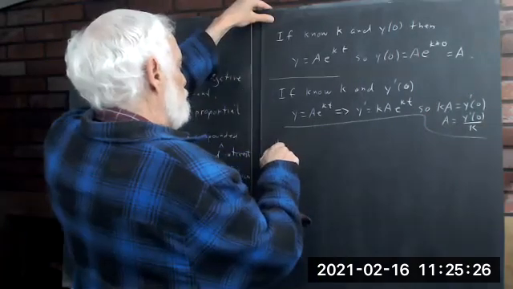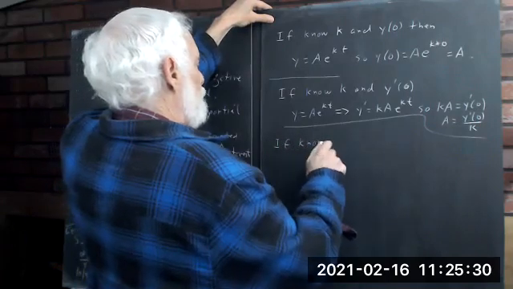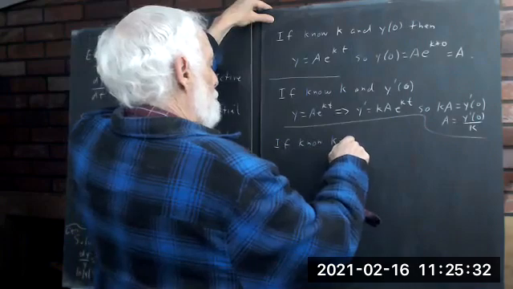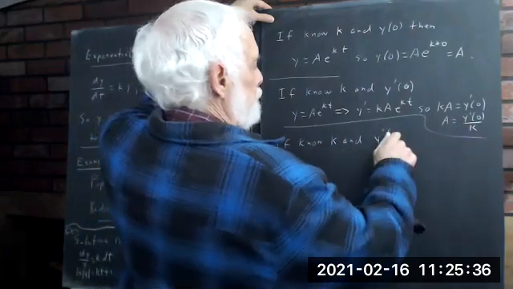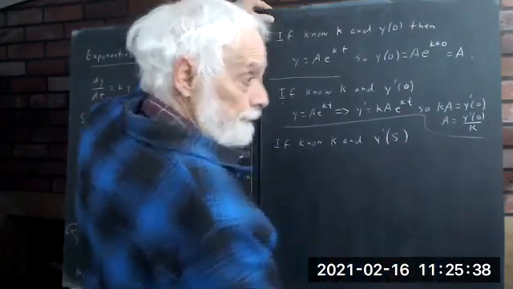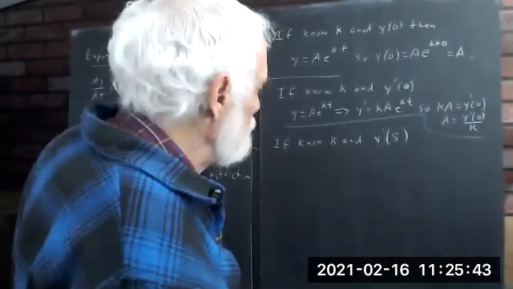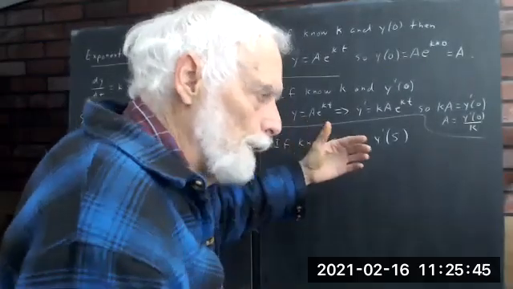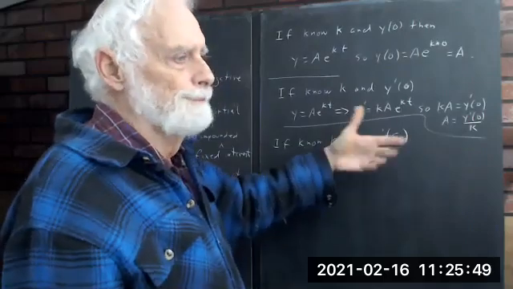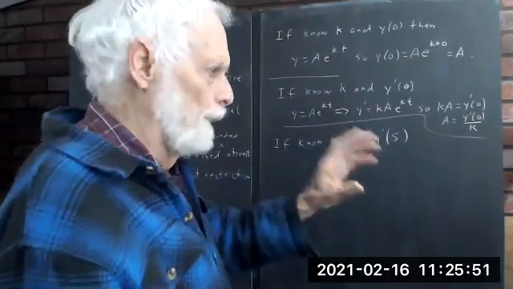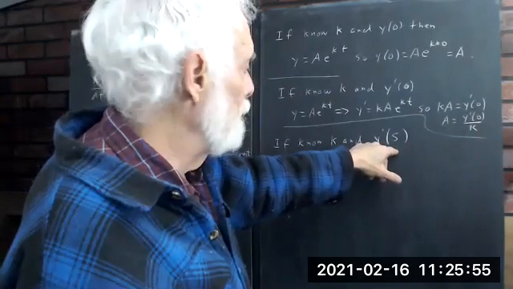Now, if we know k and y prime of 5, somehow we measured the rate of growth, not the growth rate, at t equals 5.